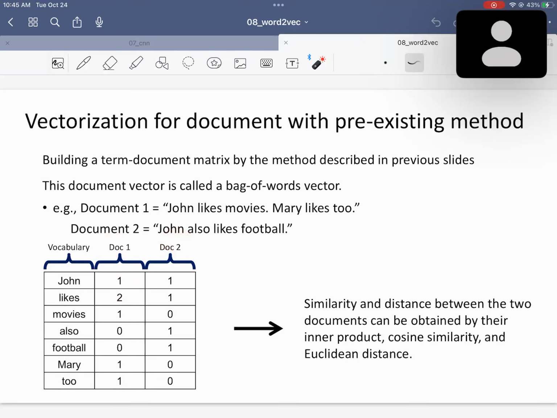If there's no training, there's no loss function involved. Does that answer your question? Okay, cool. So we haven't talked about any training procedure or any machine learning elements at all so far.